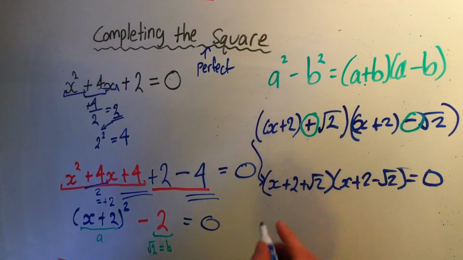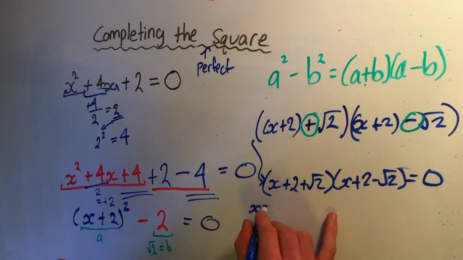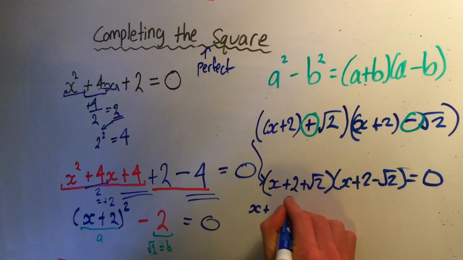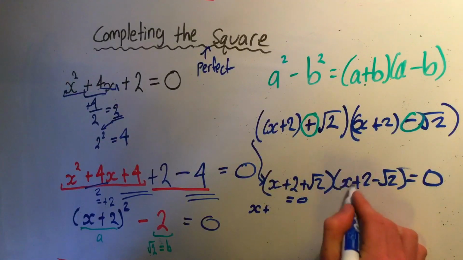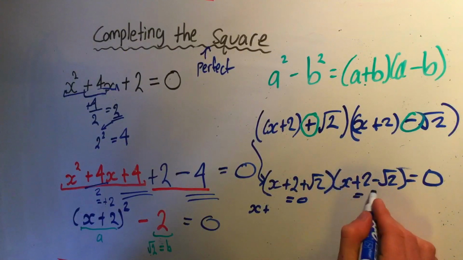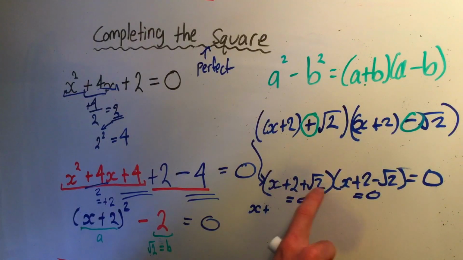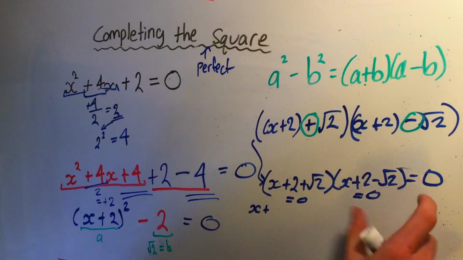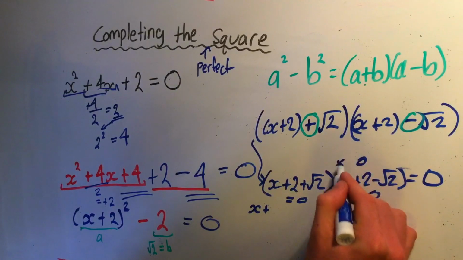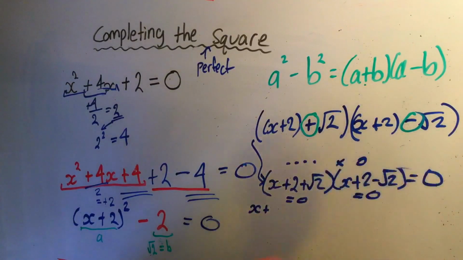So our first answer will be given by the value of x that makes this bracket equal 0. And we also want the value of x that makes that other bracket equal 0. Because again, 0 times this bracket will equal 0 no matter what was in that bracket.